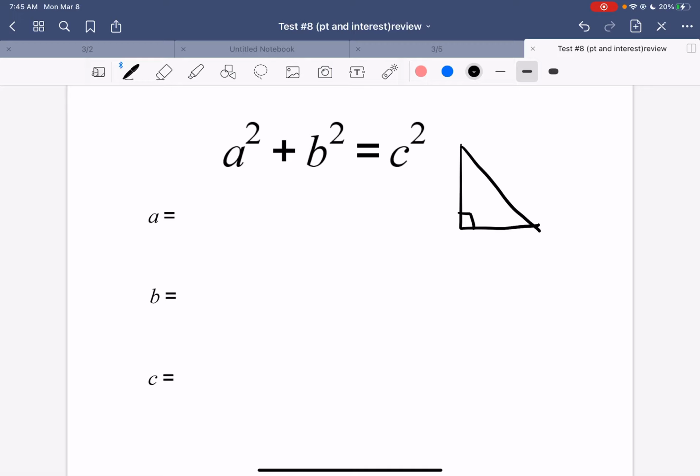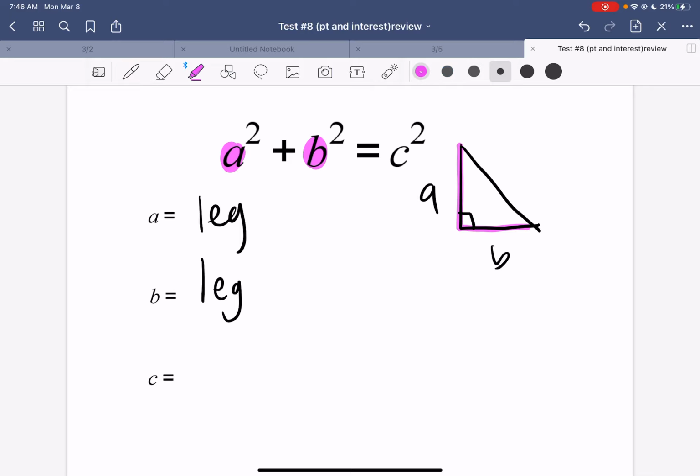So 3 letters, 3 sides makes sense. A and B are both a leg of the triangle. And if you notice here, that makes a nice little L. So A and B can go on the legs.